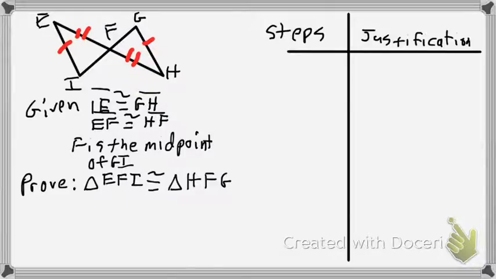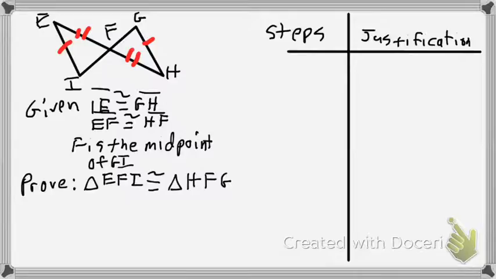If we look at the included angle, I'm sorry, the included angle, we're talking about angle E and angle H. Do we have any information saying that E and H are the same angle? The answer is no, we don't. What we do have is that F is the midpoint of GI, and a midpoint cuts things in half.